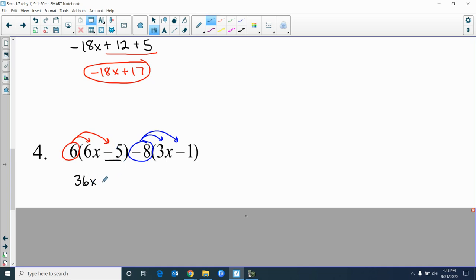Treat that as a -5. That's going to be a -30. Let your sign be your plus or your minus. -8 times 3x is -24x. And -8 times -1 is +8.